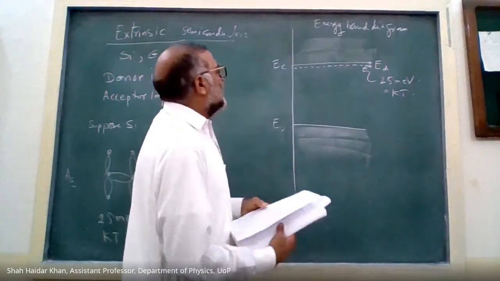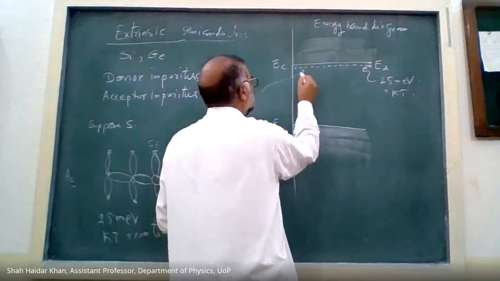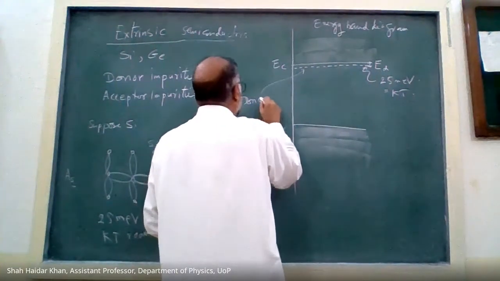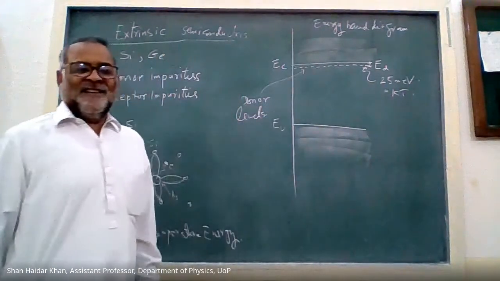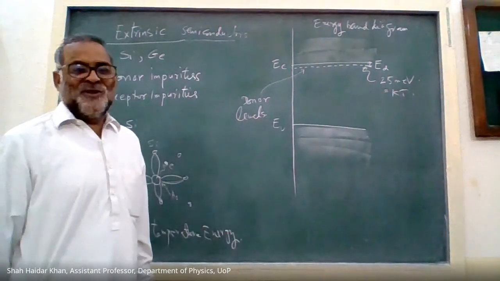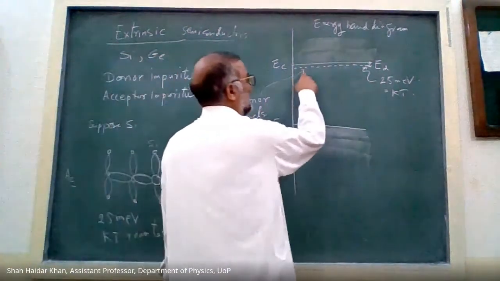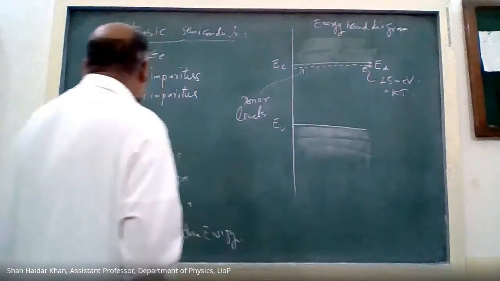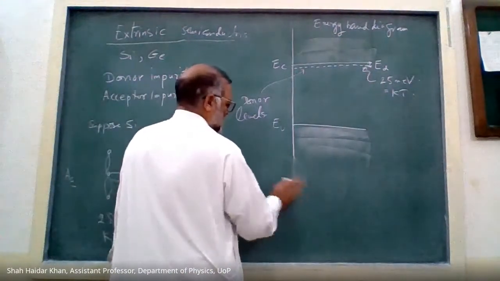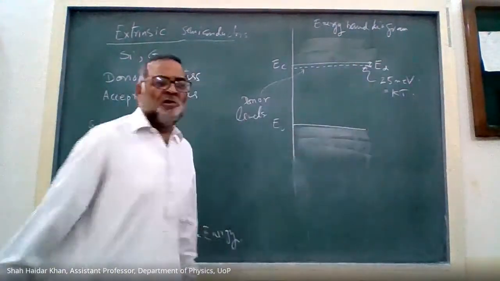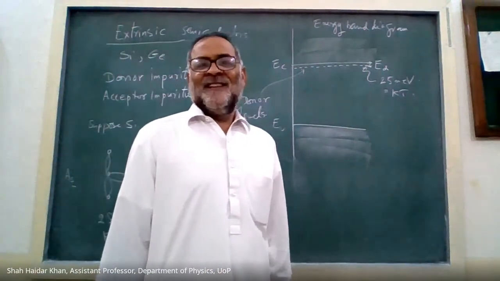So we call these levels donor levels, because they can donate an electron to the conduction band. And we call these group 5 impurities. Now the conductivity increases, so at room temperature you have good conductivity.